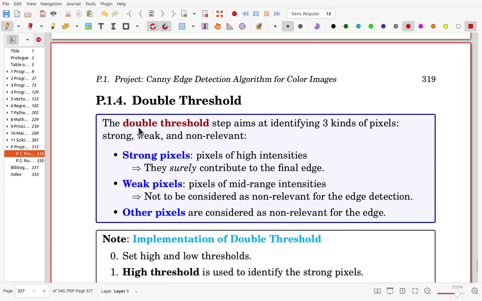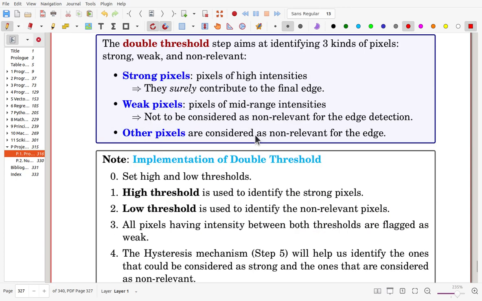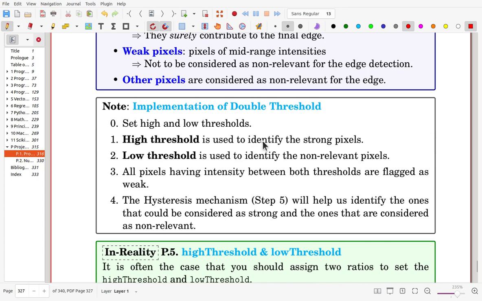That's the reason we call this part double threshold. In practical implementation, we set a high and a low threshold. The high threshold is used to identify the strong pixels. The low threshold is used to identify the non-relevant pixels. Once the intensity is lower than the low threshold, we identify the pixels as non-relevant and discard them.